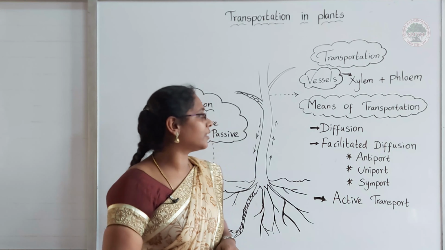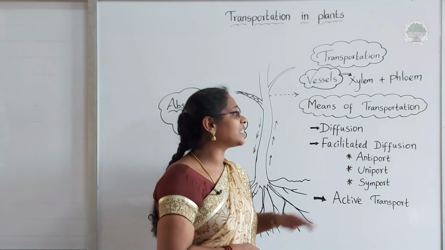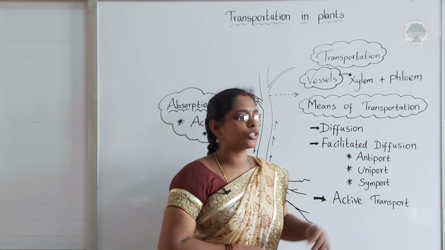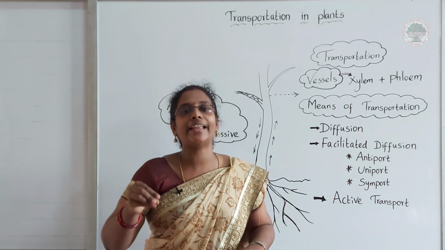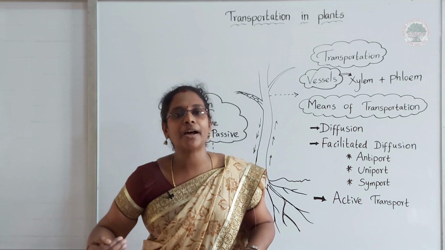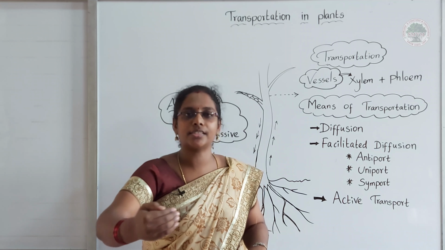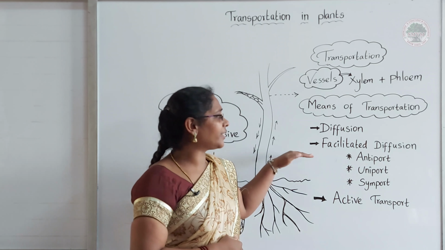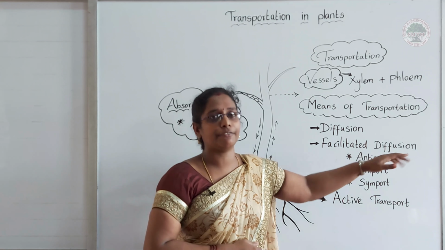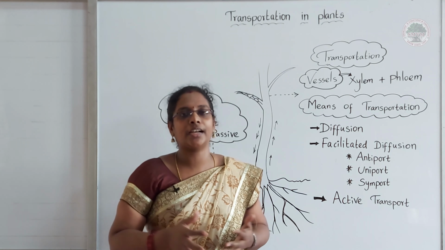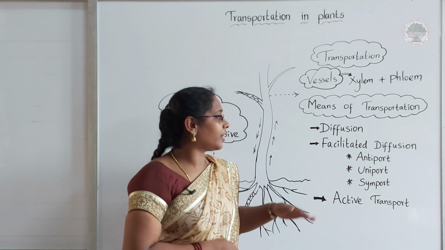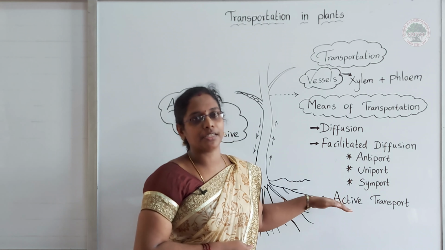So the second means of transport is facilitated diffusion, which means only selective components get diffused from one part of the cell to another cell. So that is called facilitated diffusion. For example, if you see the cell wall of the cells, there are different proteins present.